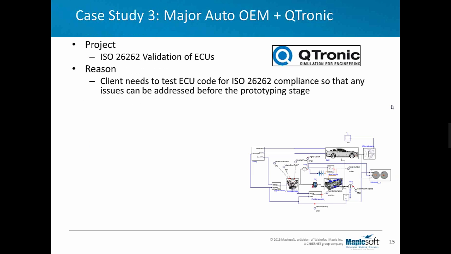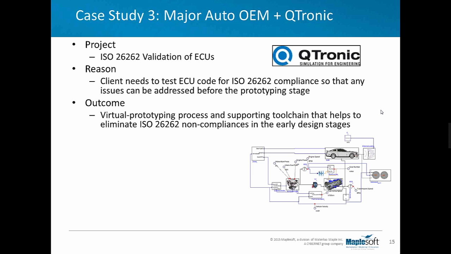For that reason, having a high fidelity vehicle model that is also capable of running in real time was important. So the outcome was a virtual prototyping process and supporting tool chain that would eliminate some of the non-compliance tests, like non-compliances that could potentially occur very early in the design.